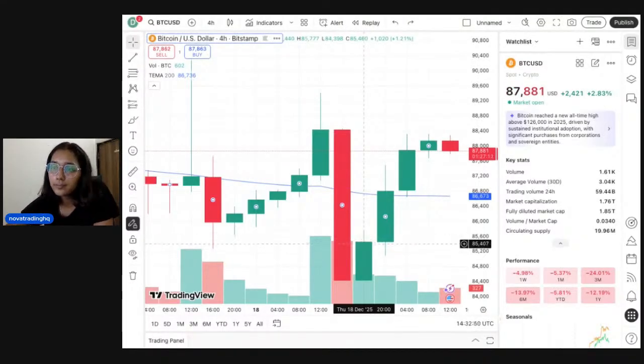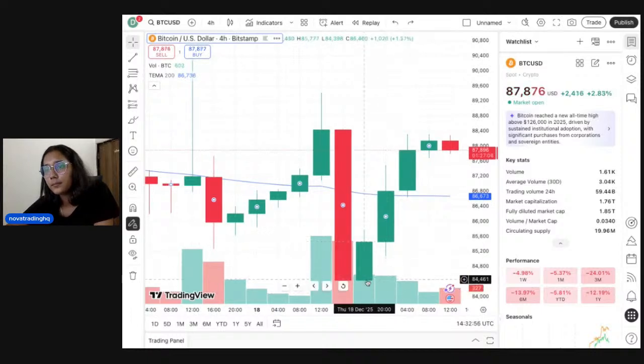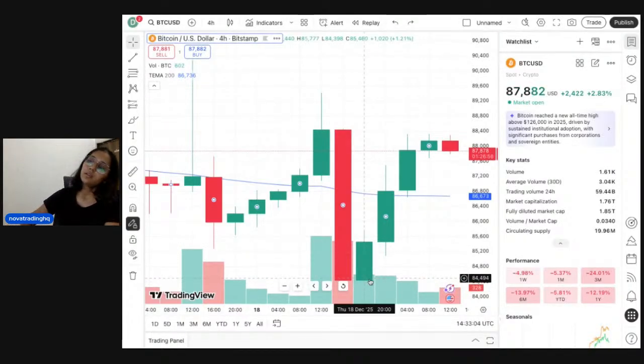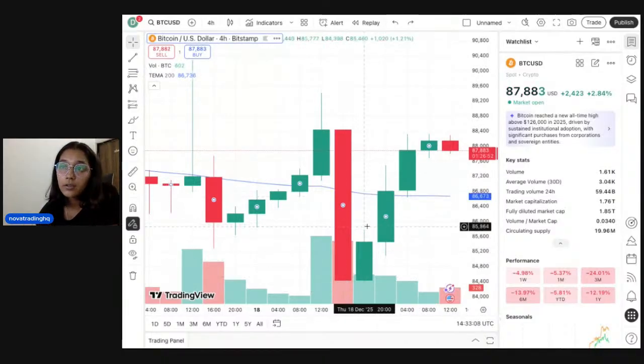So it opens approximately at, like we can see here, there's a difference of approximately $1,000. We can clearly see there's an upper wick, and the lower wick is very, very small.